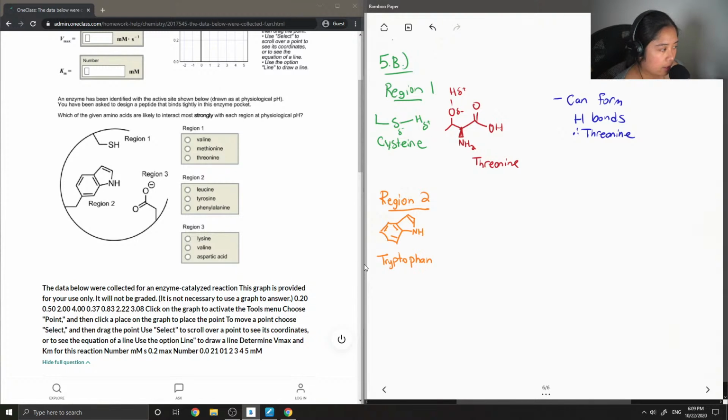So you'll notice that there's a benzene ring. There's also an amine group involved. So because of this kind of structure, out of all of the given amino acids, which one would react the best, I would say tyrosine. So the structure of tyrosine is as follows. Basically, you have your OH group that's attached to a phenyl.